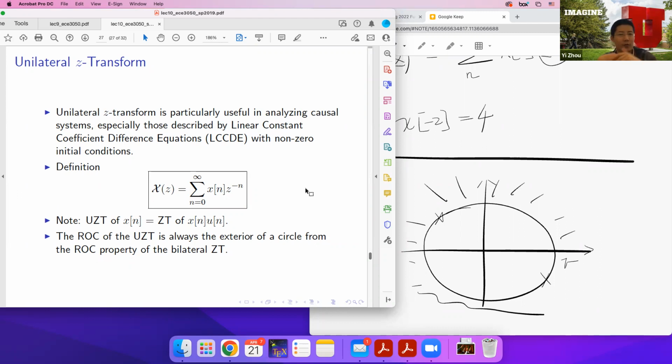So this means that this kind of transform is very compatible with causal signals or causal systems. Because of this, you can understand this unilateral Z transform as the Z transform applied to the original signal times u[n], so this restricts the summation to be within 0 to infinity.